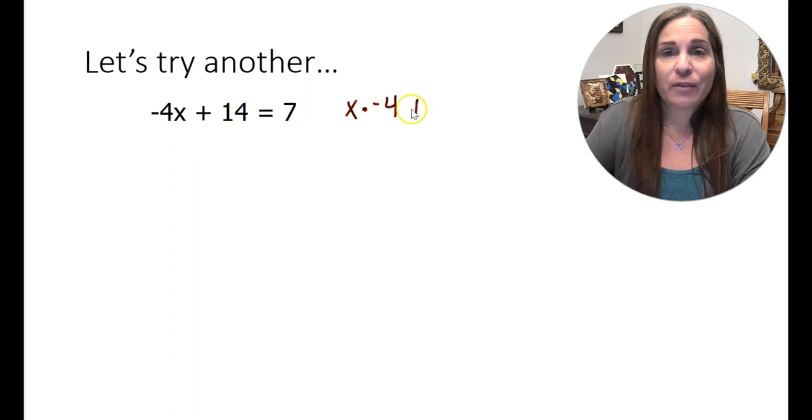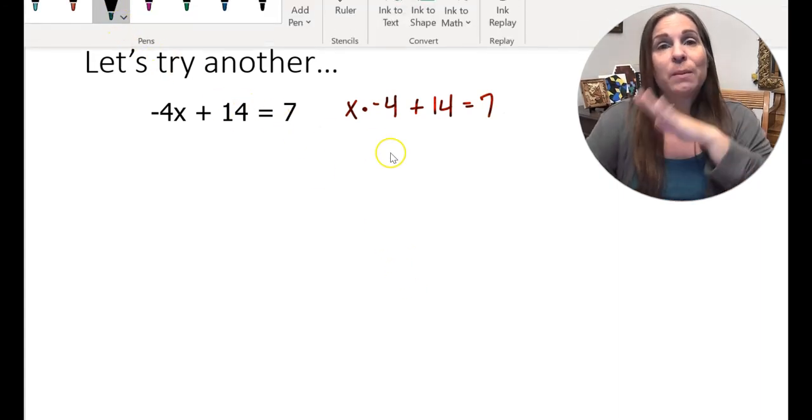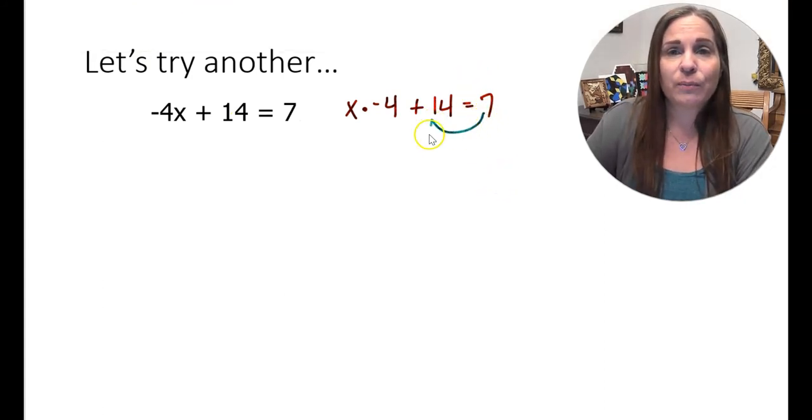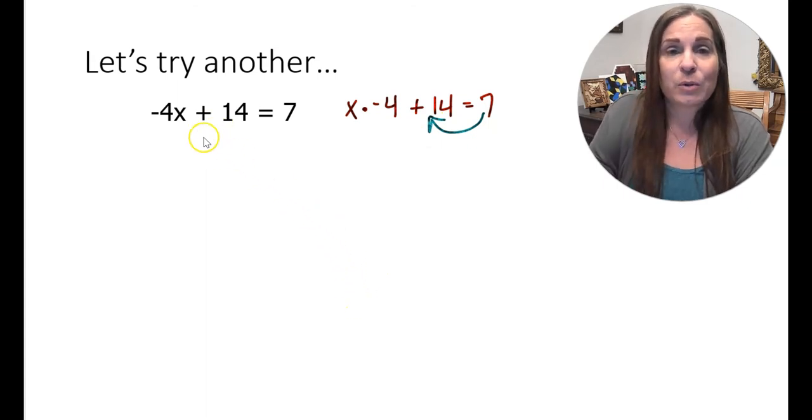Then I would add 14, and that would get me to 7. So now that I am solving the equation, I'm undoing and I'm working my way backwards. The first thing I have to do is undo the adding 14. So I'm going to subtract 14.